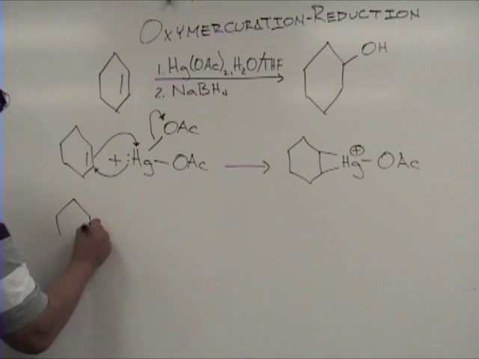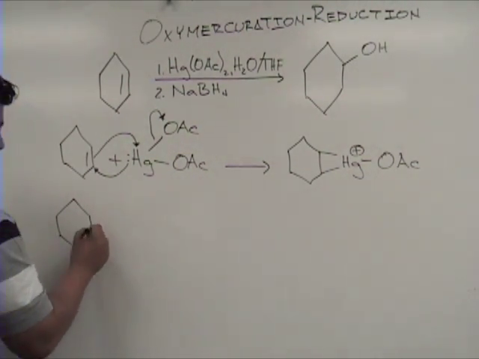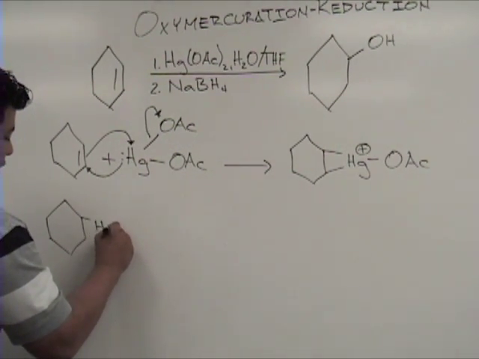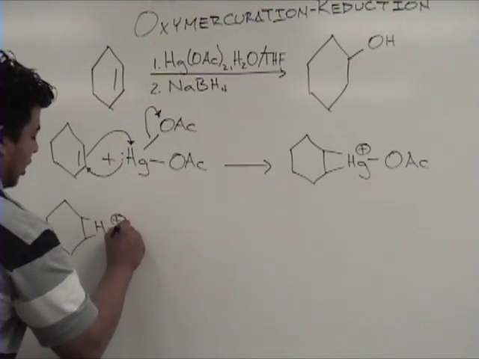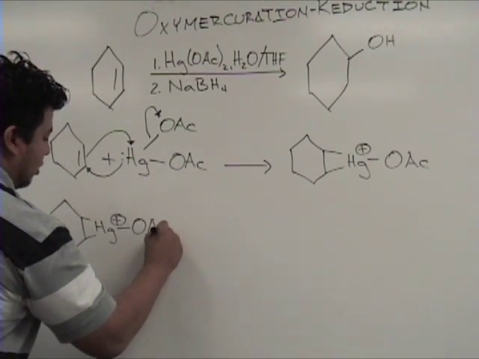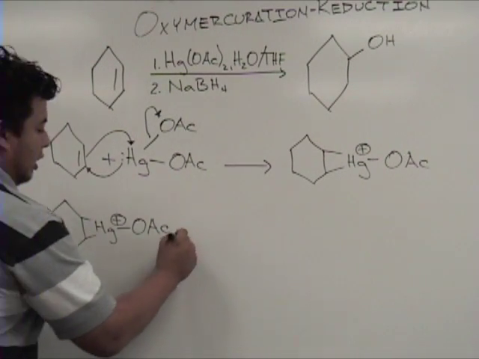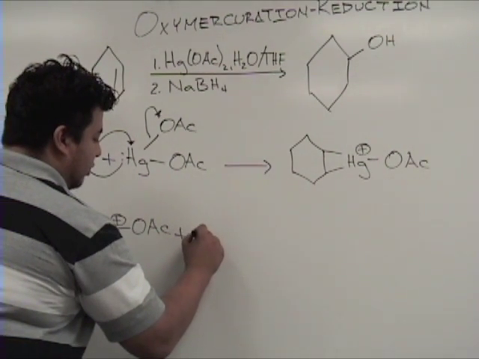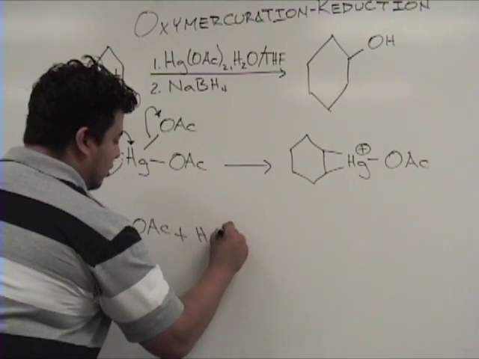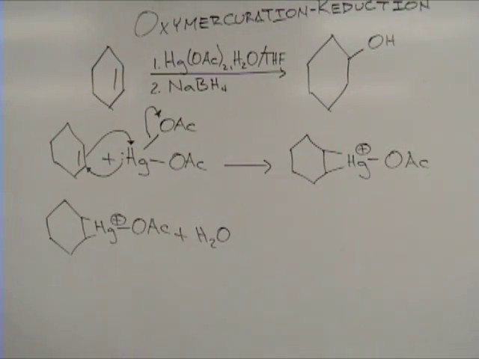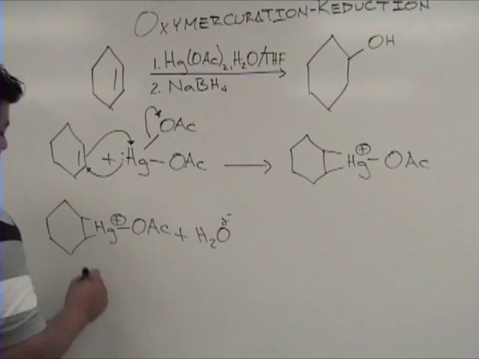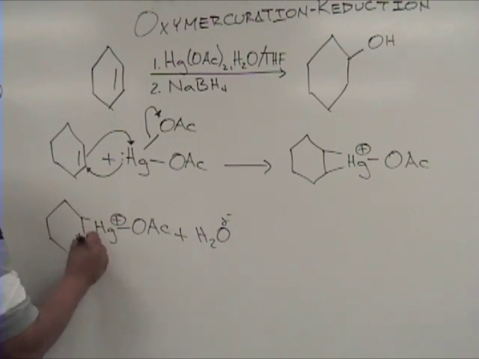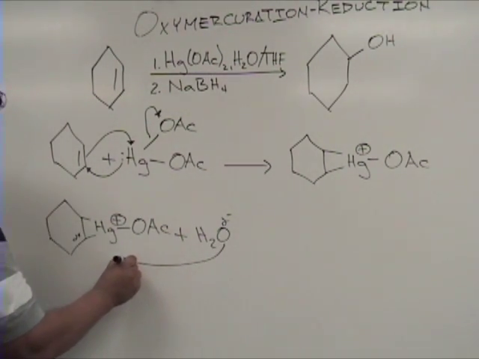We copy what we have on that side, Hg, really unstable, and then OAc. And then we add the water, H2O. And what's going to happen here is that the partial negative of the water is going to attack this partial positive carbon like this.